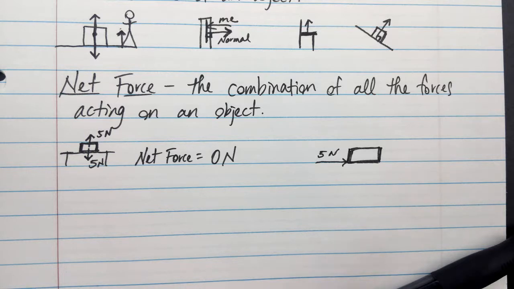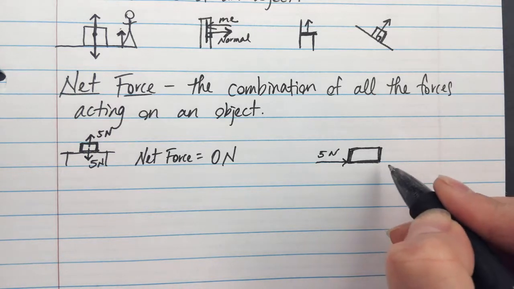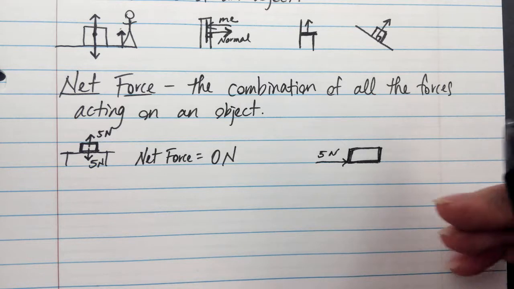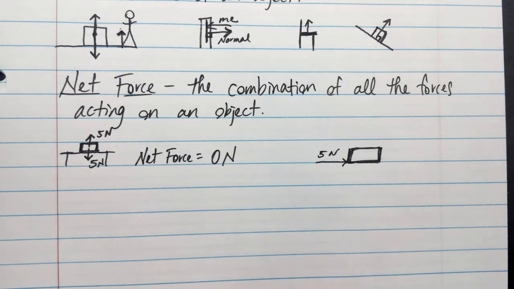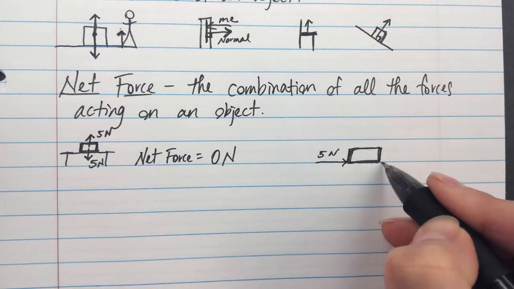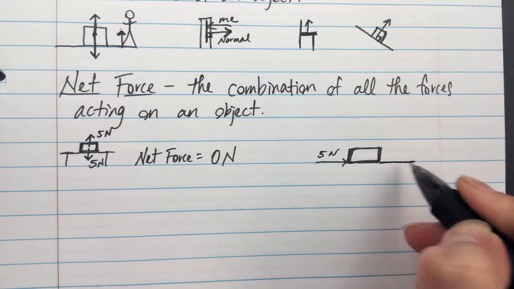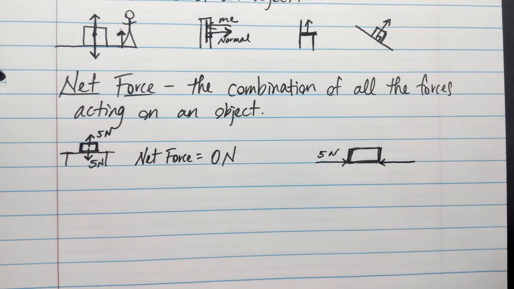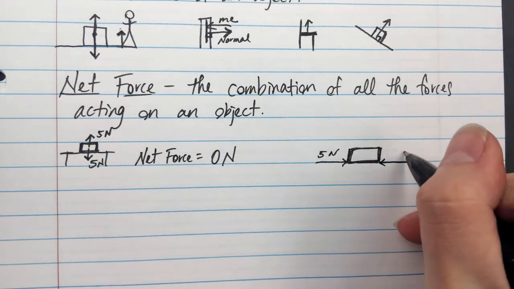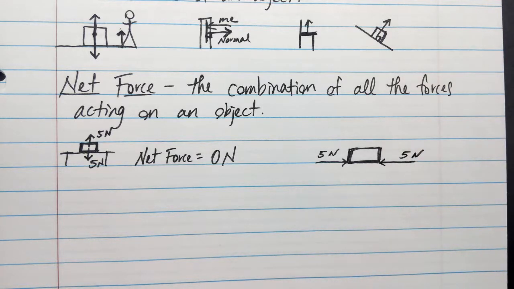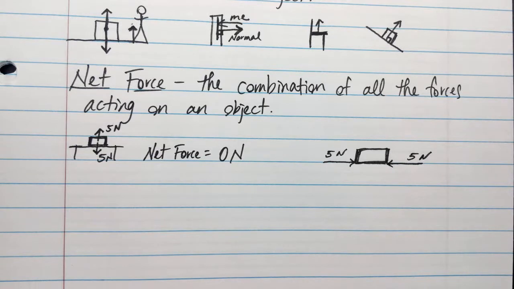Friction. So if I push that book and it doesn't go anywhere, something over here is pushing me back. Does that make sense? And since it doesn't go anywhere, they're equal.